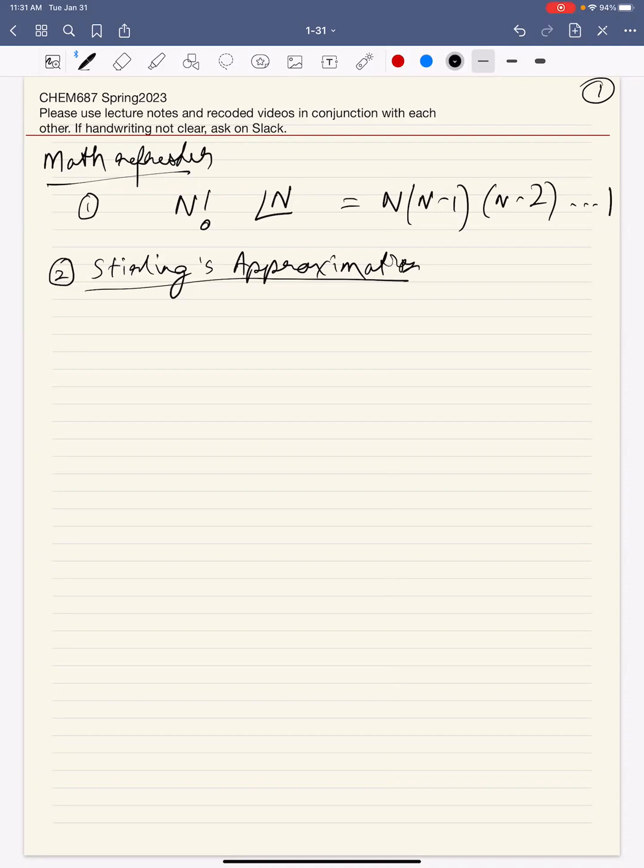We don't directly deal with n factorial. You will see the log shows up a lot in statistical mechanics. So we are very interested in the log of n factorial, and Stirling's approximation says that this is approximately n ln n minus n. So this is going to get used heavily.